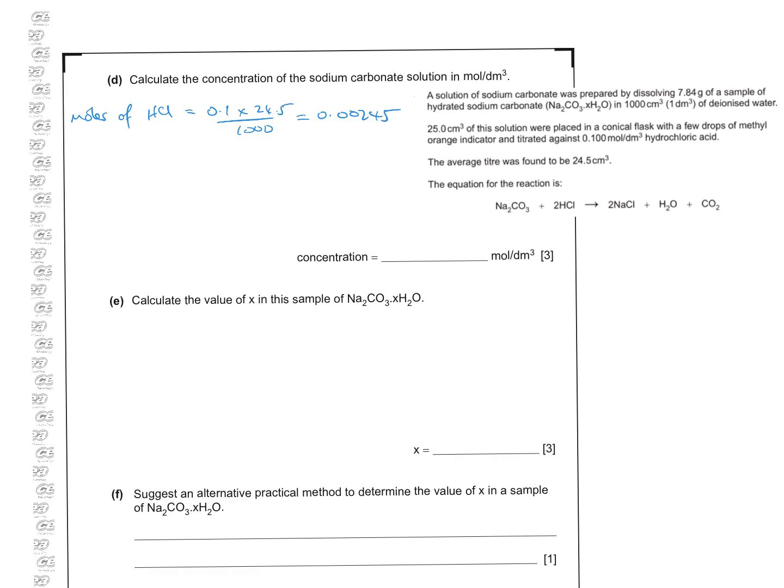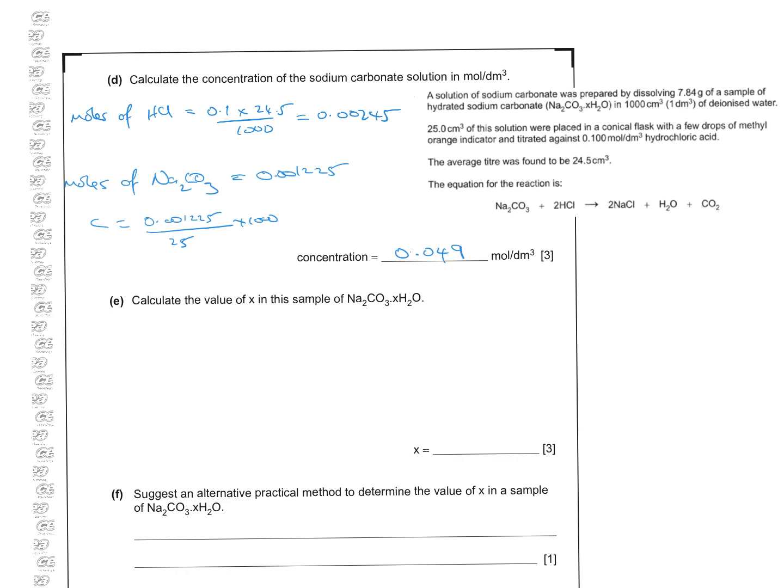I can then rearrange the equation to give concentration, which is moles, 0.0012225 over the volume. So the volume in the conical flask was 25. And then I'm going to times that by 1,000. And that gives a value of 0.049.